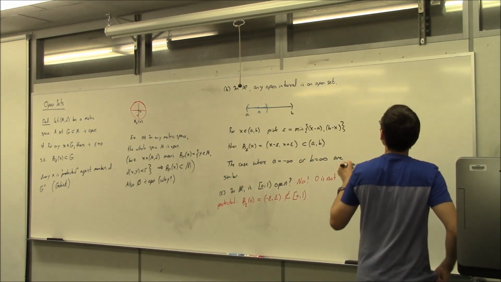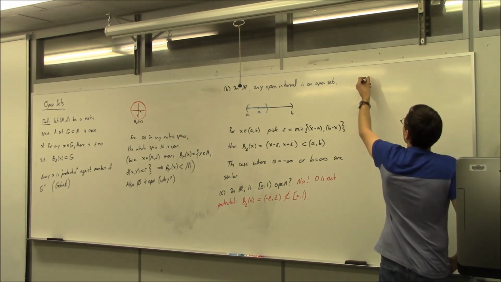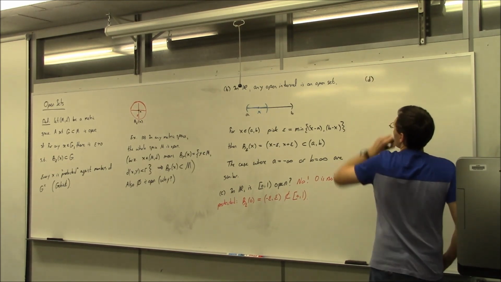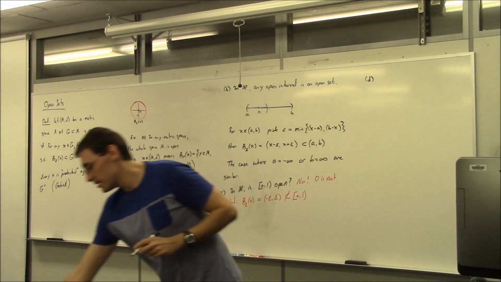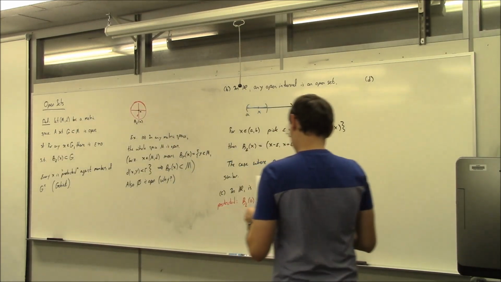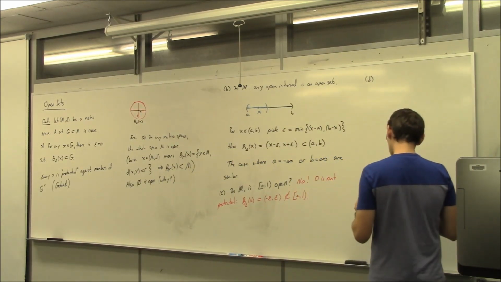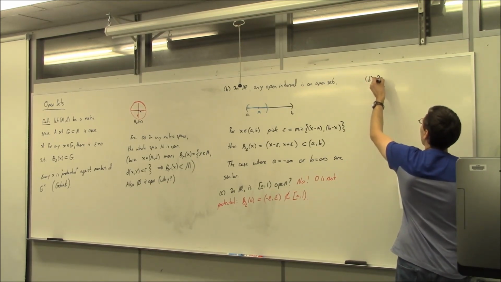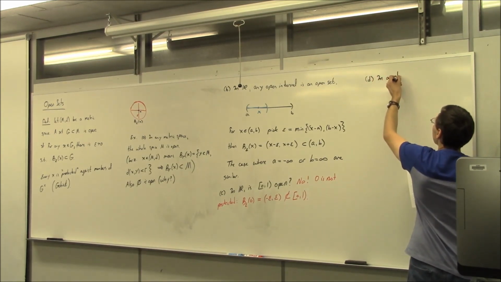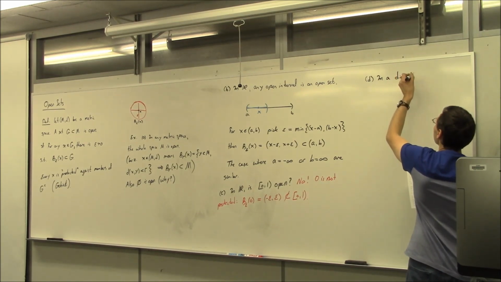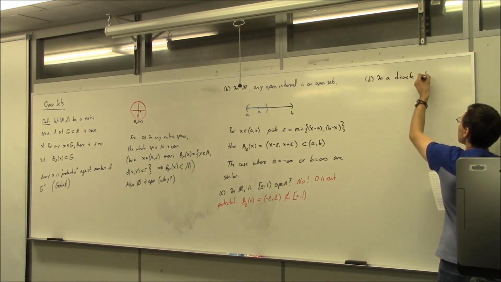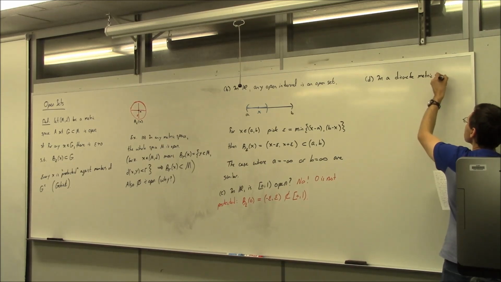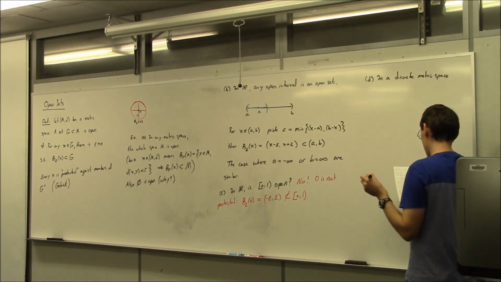So now D. If we have a discrete metric space, what do we know?